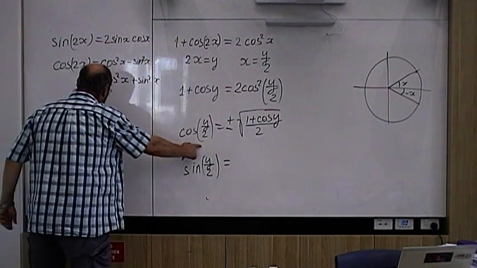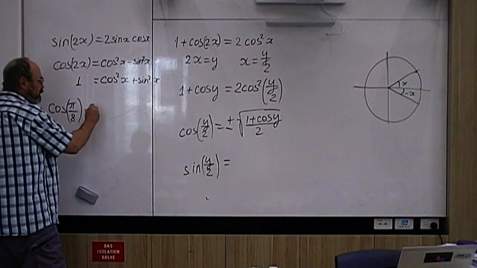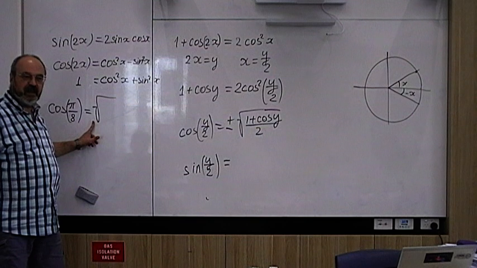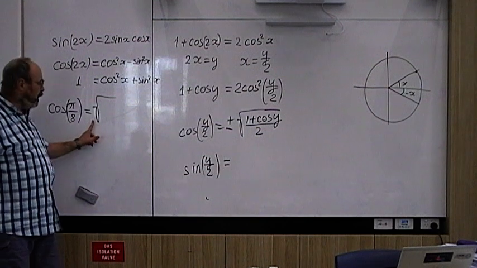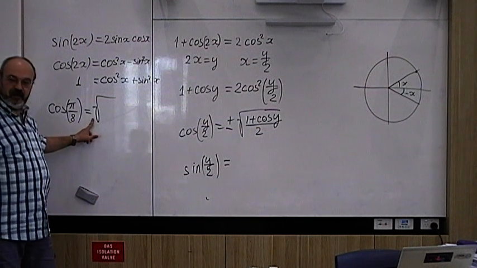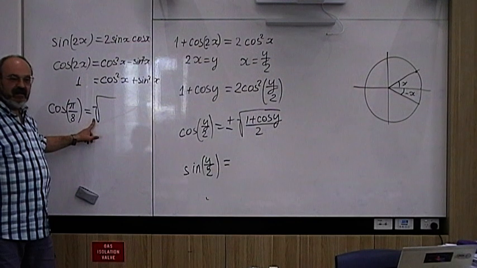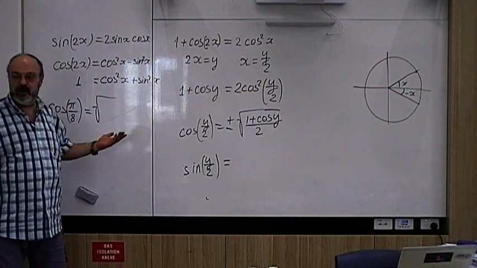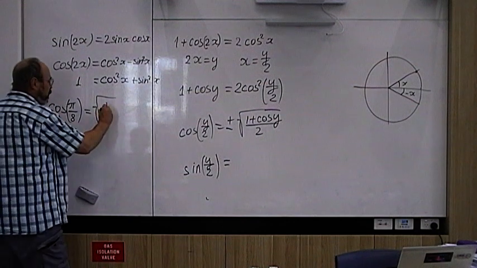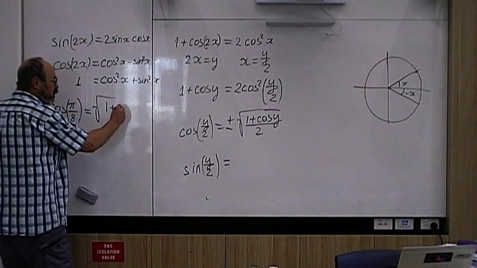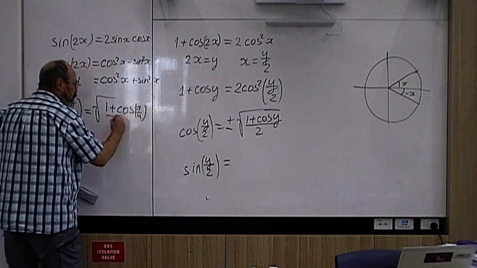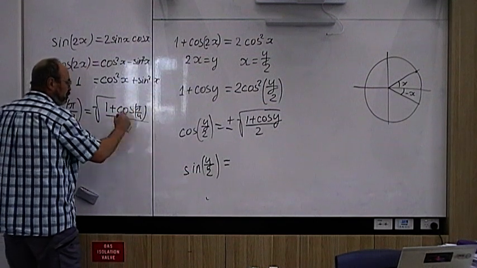Using this formula, it will be equal to the square root. Why don't I put plus minus here, only plus? Because it's in the first quadrant and cos is positive there. Square root of 1 plus cos pi on 4 over 2.